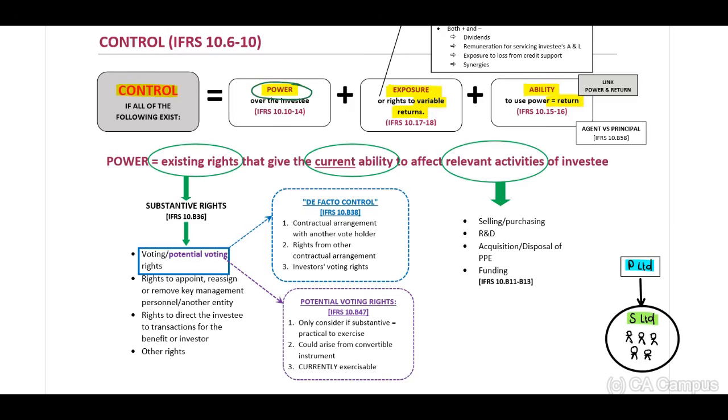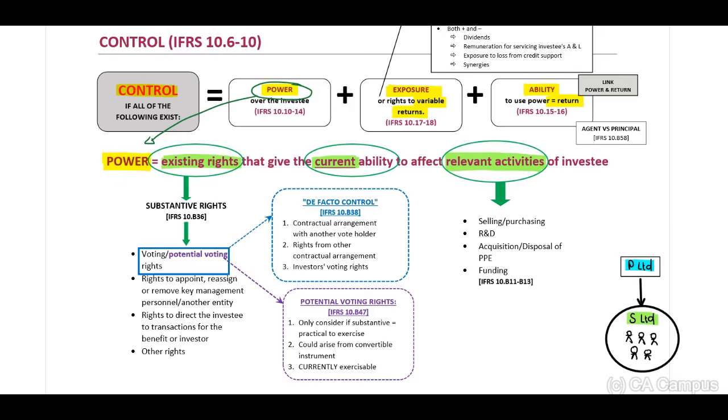Now, when will power exist? When there is an existing right that gives current ability to affect the relevant activities of S Limited. Now, unfortunately, we have to work through the theory. We are going to look at a few examples as well. Now, if we only look at power, existing rights, what is an existing right?